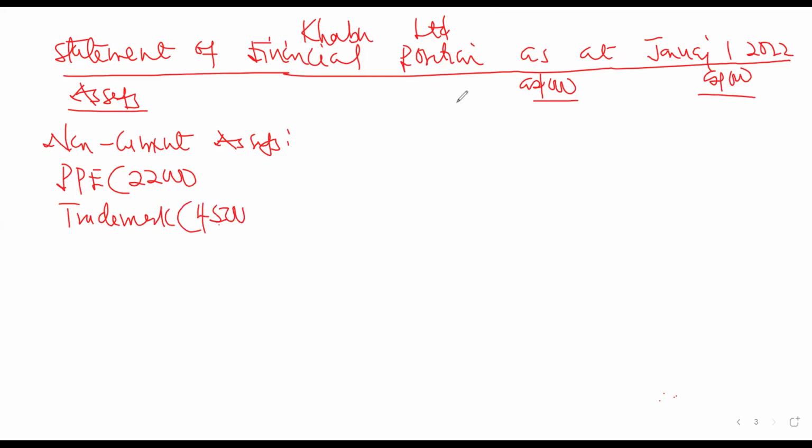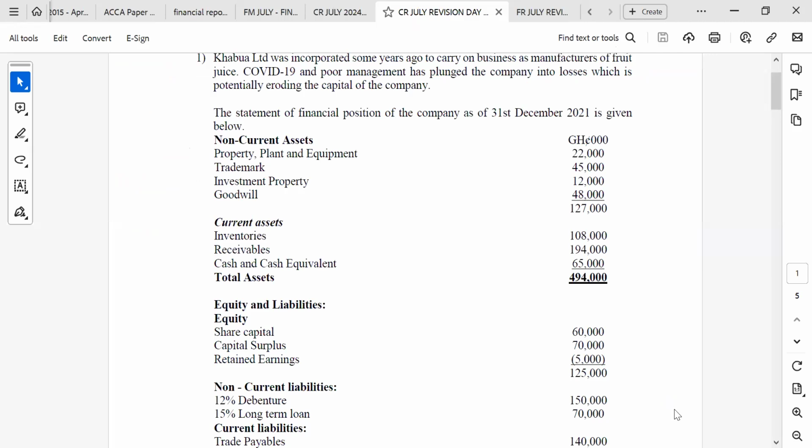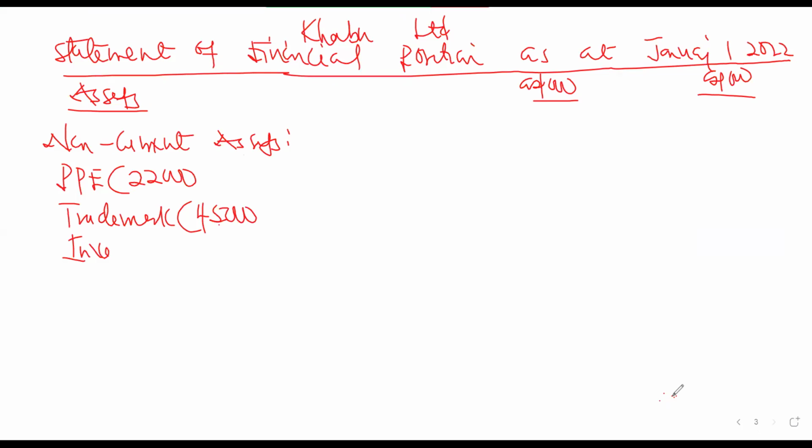Okay. So we have trademark to be 45,000. Then we have the investments. I didn't read the question, so that will be 12,000 that we have, isn't it? Okay.